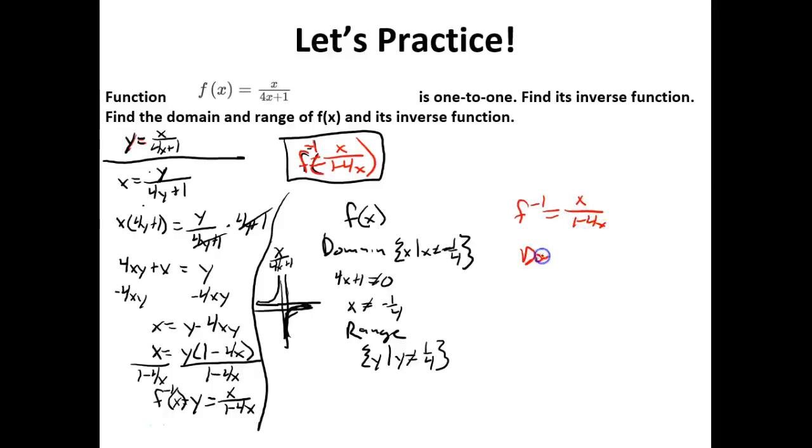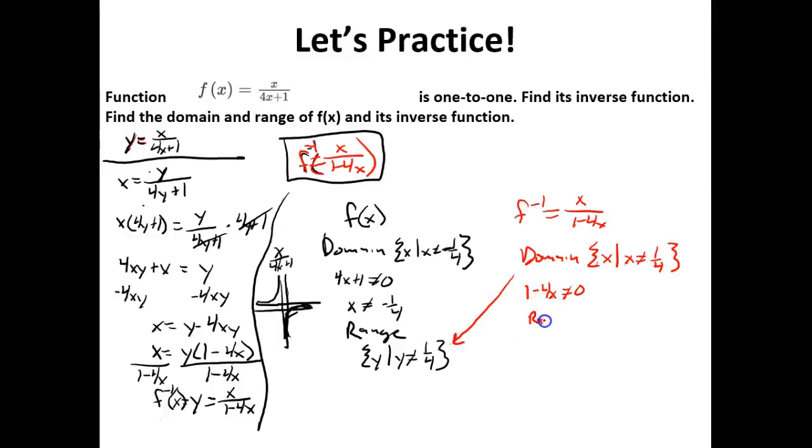For the domain, it's everything except where the 1 minus the 4x is equal to 0. So 1 minus 4x can't be 0. If we solve this, we're going to find the x can be anything except x cannot equal 1/4. Which, take a look here, the domain can't equal 1/4 is of the inverse. The range to get back can't be the 1/4.